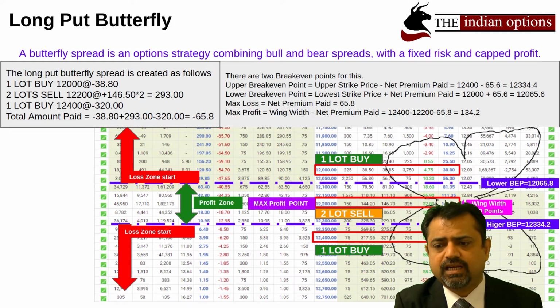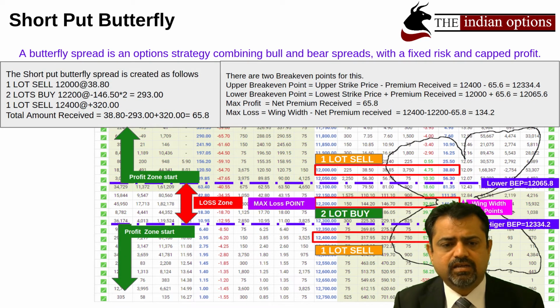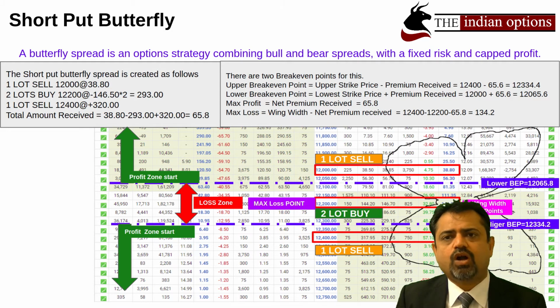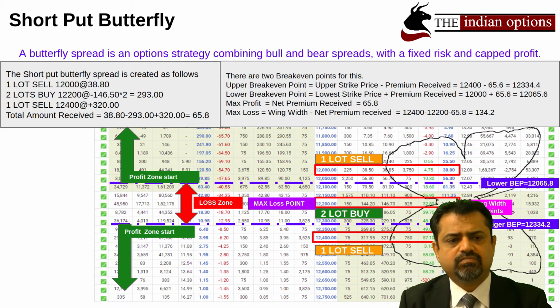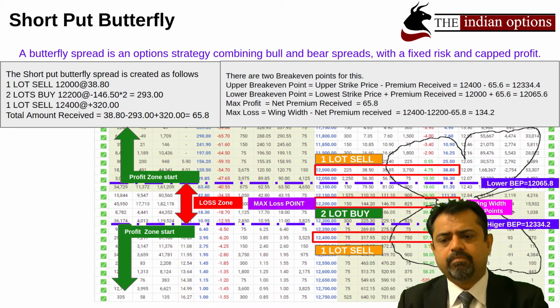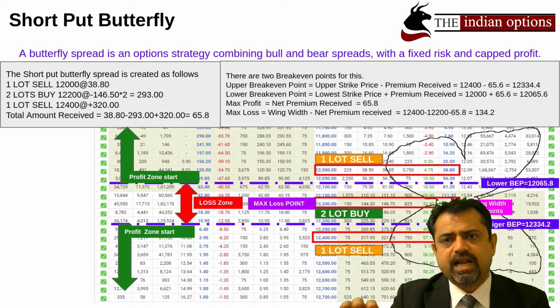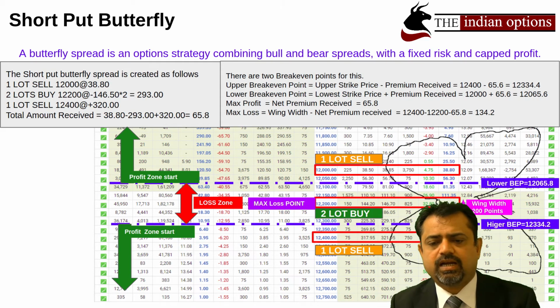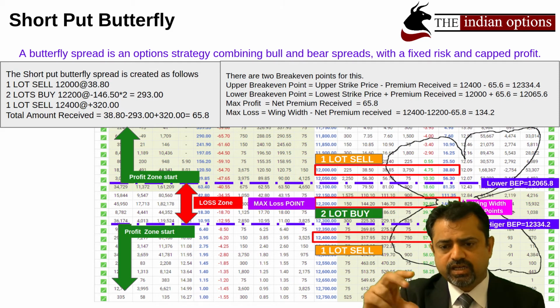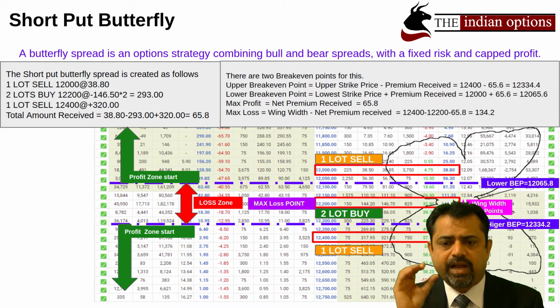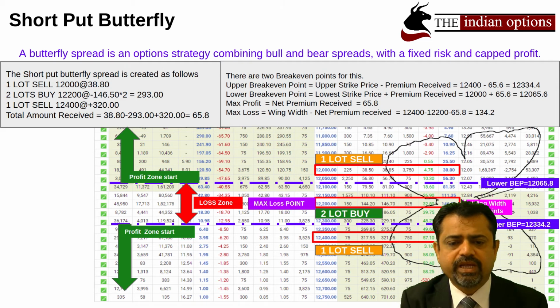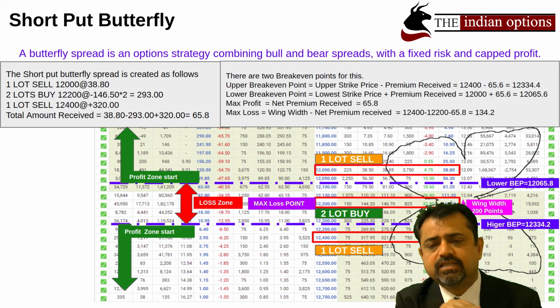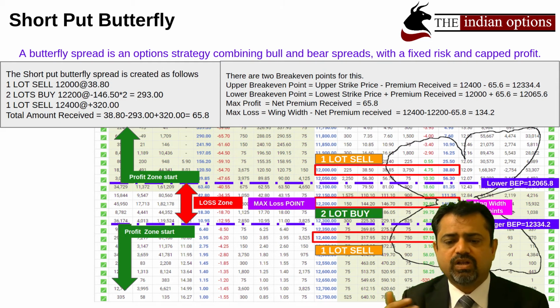Going to the next slide. Now in the next slide, it is the short put butterfly. Now in short put butterfly, I'm selling the wings and I'm buying the body, and again it is 200 points, and the maximum loss is going to be incurred if the market stays at the body, that is 12,000.